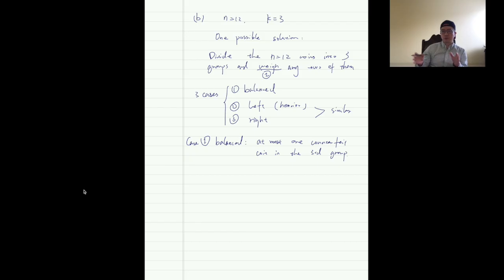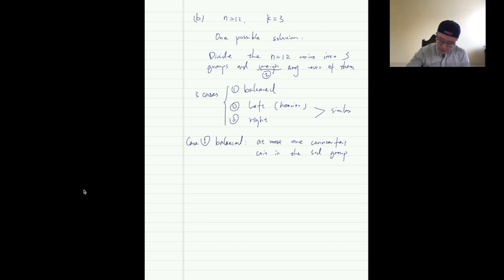So in the third group, there may or may not be 1 counterfeit, right? So what we try here is that we take 3 of those, and then weigh them with 3 regular ones, right? Because we know for the first and second group, they're all regular, right?